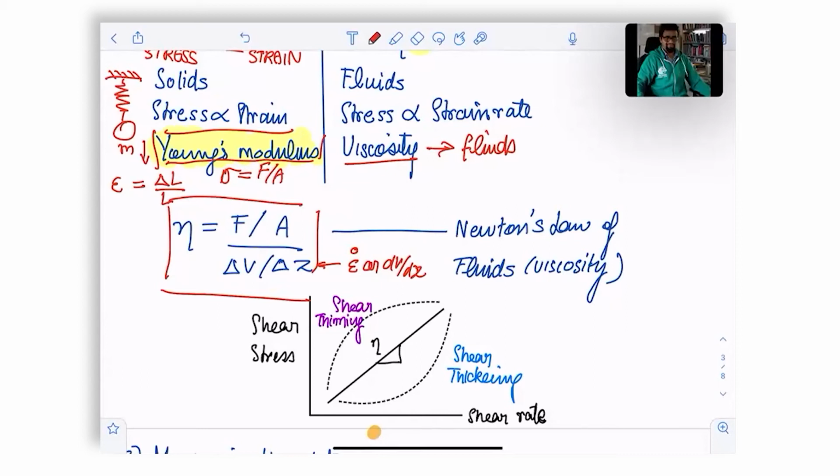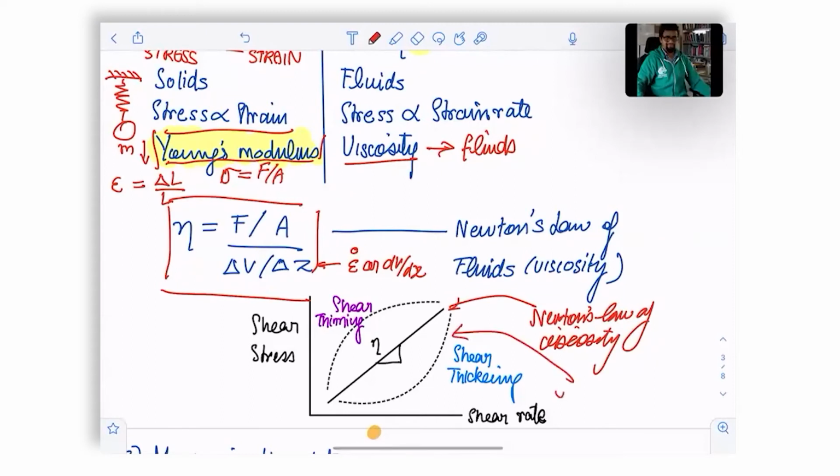Now, this line represents Newton's law of viscosity, which also means that what is deviating from it is called non-Newtonian.